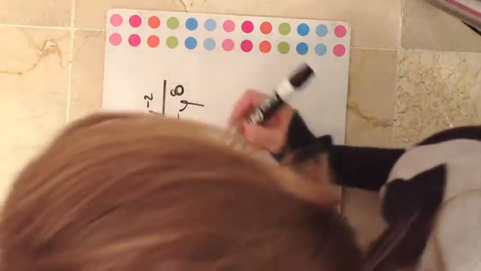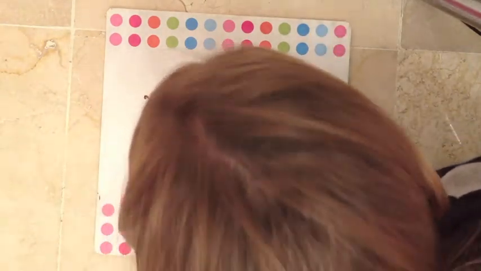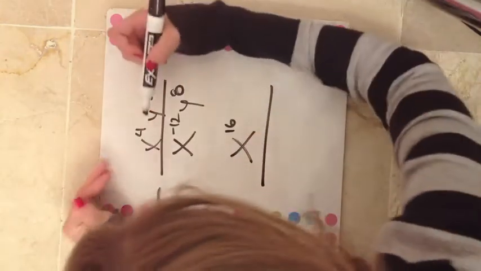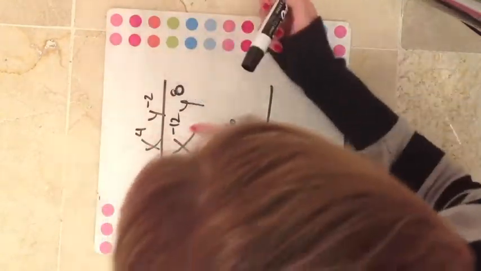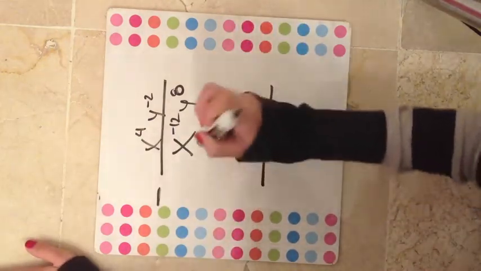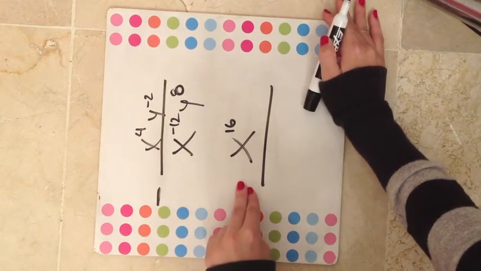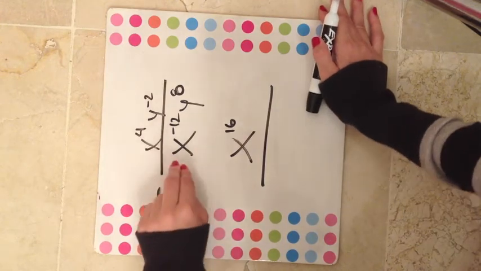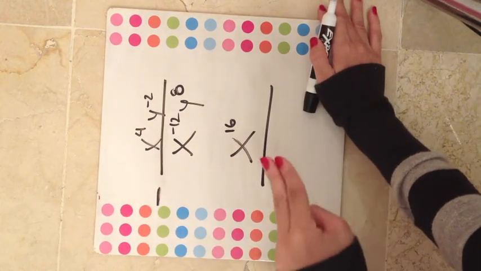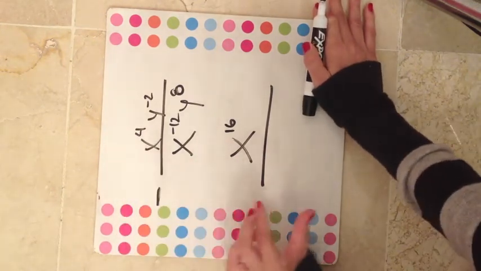So what you do is you put x to the 16. You put it on the top of the fraction because x to the power of 4 is bigger than x to the power of negative 12. So you put the answer where the biggest variable is. So if your biggest variable were in the denominator, you place it in the denominator. But since in this case it is in the numerator, you just place it on the top of the fraction.